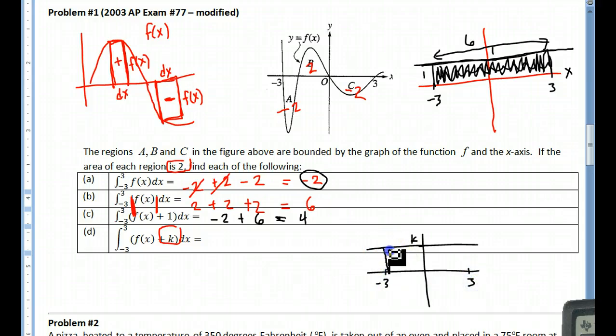So what's the area going to be here? Well, what's the height? K. And what's the width? 6. So the area here is, so this is going to be -2 plus 6k.